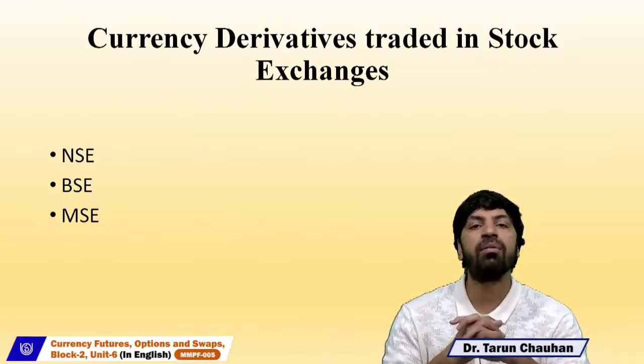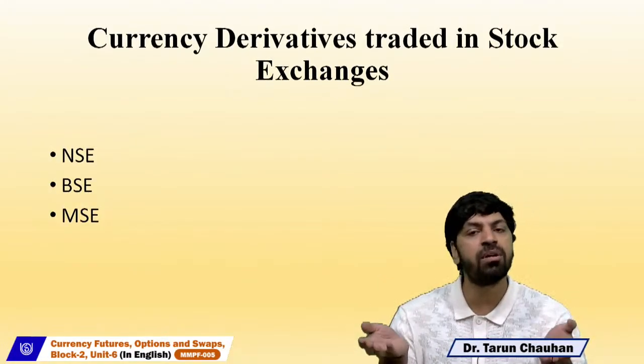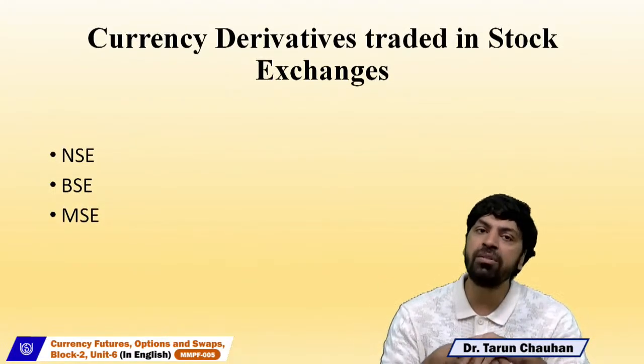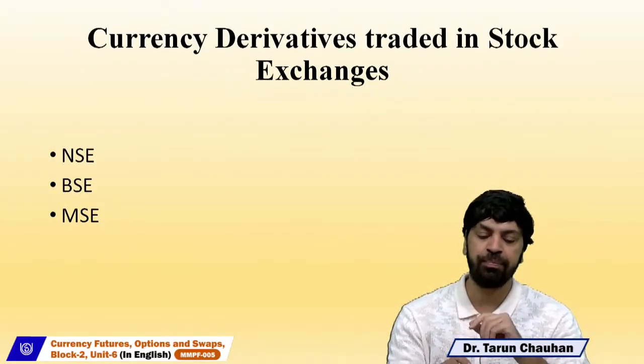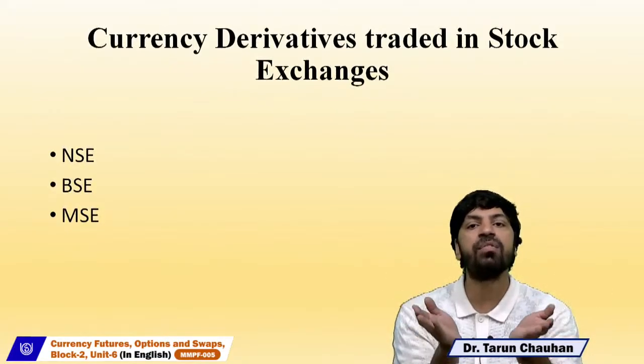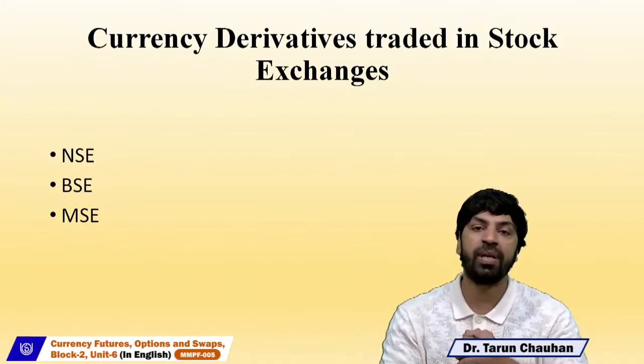Let's talk about the next section, that is currency derivatives traded in the stock exchanges. It could be the National Stock Exchange, Bombay Stock Exchange, and the Metropolitan Stock Exchange. So these three stock exchanges are where currency derivatives are traded.